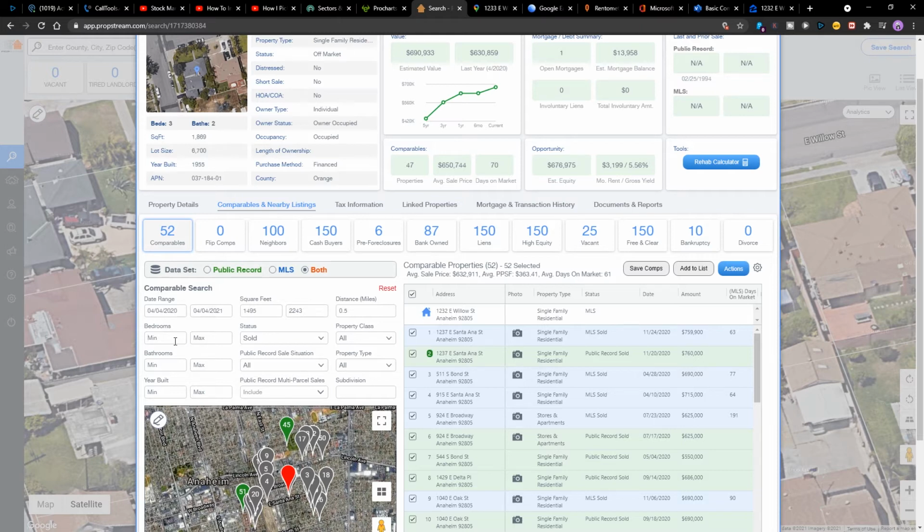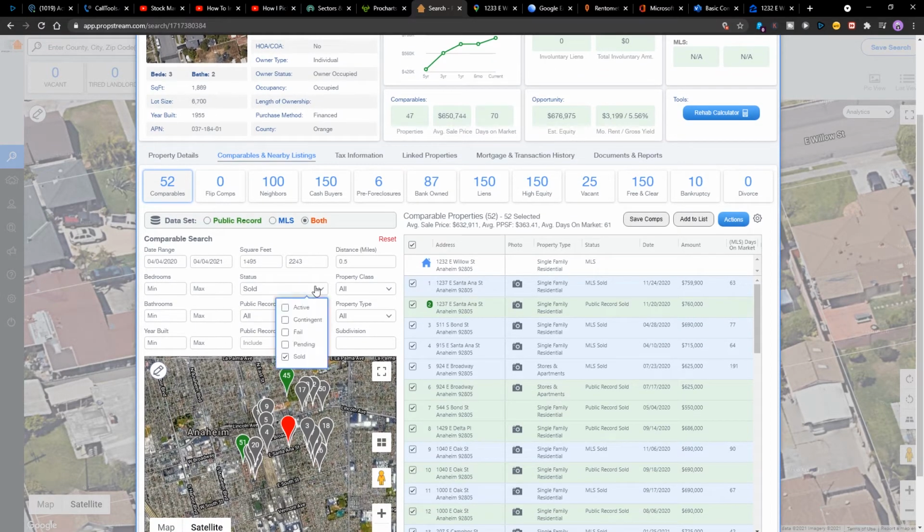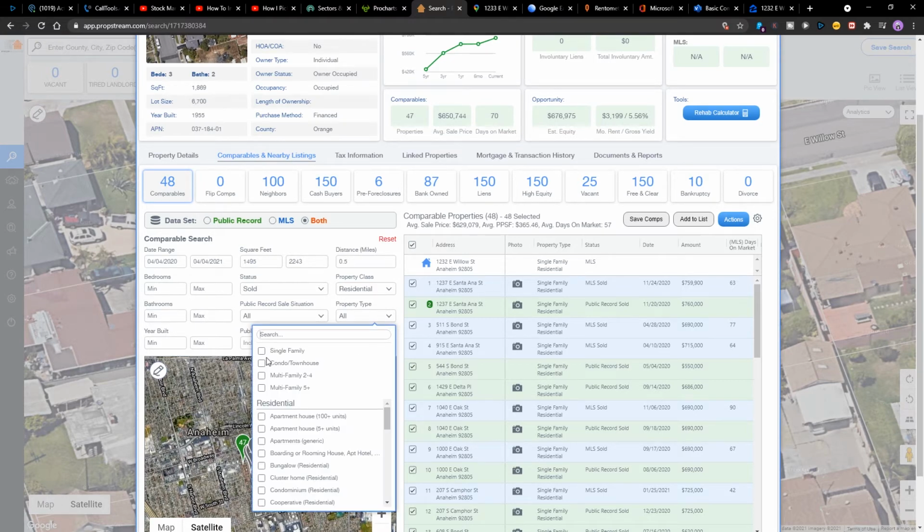Sometimes you have a property that doesn't have the same number of rooms, beds, and baths, but you still have to come up with an estimate of how much this property is worth. Sold, something that failed, pending status, etc. You would also want to limit it to residential, comparing it only to properties of the same property class and property type, single family.